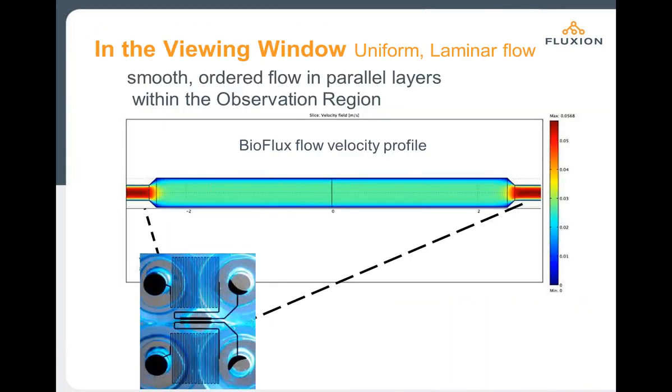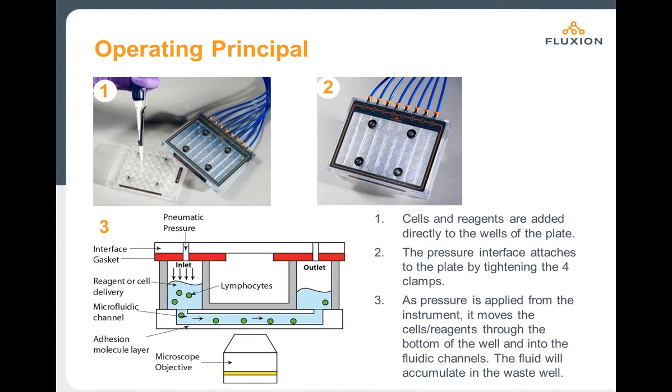This is an example of the flow velocity profile that goes along with the system, and you see that in the viewing channel the flow is very even and controlled. The basic operating principle is that you load the microfluidic plate, you attach the interface, and then you run the sample.